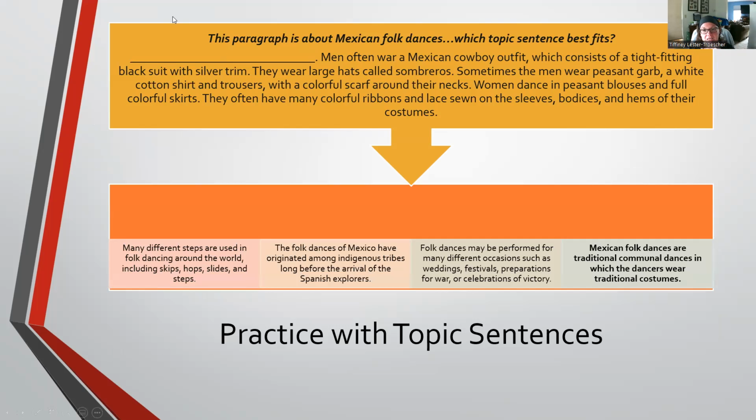What we have here is a paragraph that is missing its topic sentence. So our job is to read the rest of the paragraph and then choose which topic sentence down here we think fits best. So it's about Mexican folk dances. All right, so men often wear a Mexican cowboy outfit, which consists of a tight black suit with silver trim.